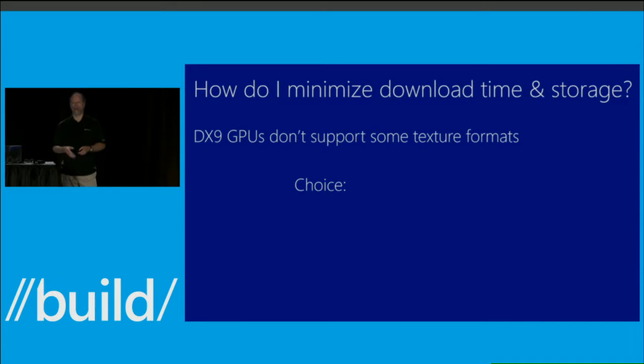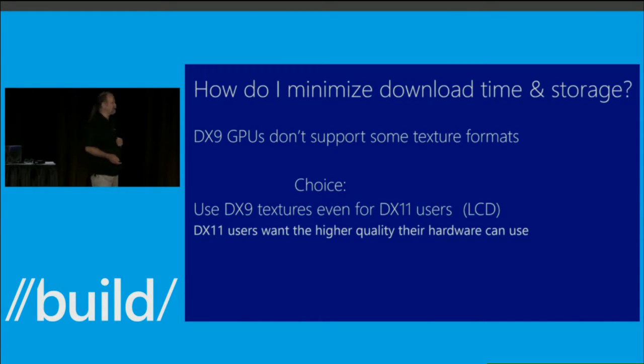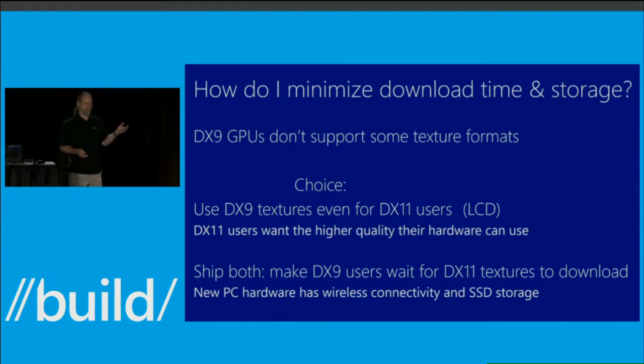They have higher image quality for the same compression level, for example. And that leaves the developer caught in this dilemma where they need to decide between using DirectX 9 textures, even for people like on the Surface Pro who have DX11 devices, and then the DX11 user really doesn't get the full benefit of the machine that they paid for, or they have to ship both DX9 and DX11 textures.